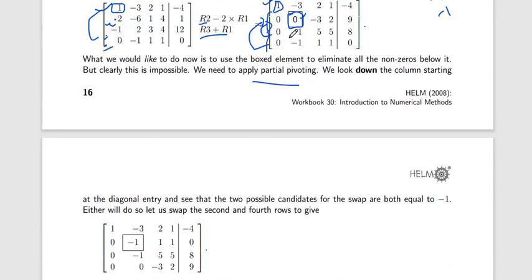So we will swap the rows. The first row will remain the same, 1 minus 3 2 1 minus 4. The fourth row will become the second row, 0 minus 1 1 1 0, and the second row will become the fourth row, 0 0 minus 3 2, okay. This is the partial pivoting.